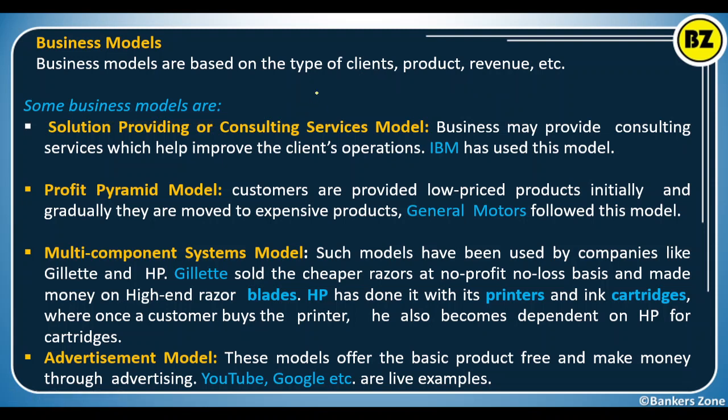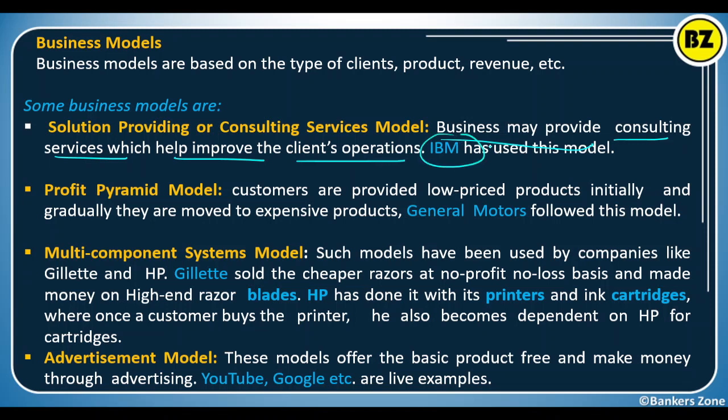Okay, very easy. See, the first solution is what? Solution providing or consulting services model. What do you mean by solution providing or consulting model? Simply, see, the business provides consulting services which help to improve the client's operations.